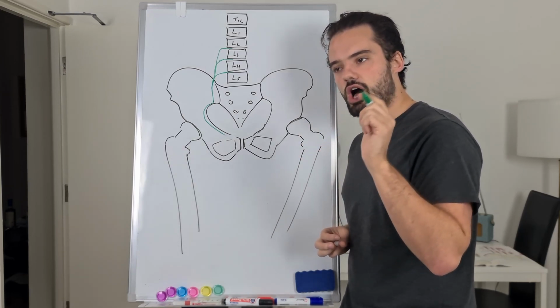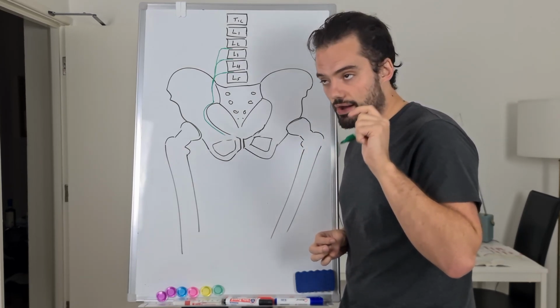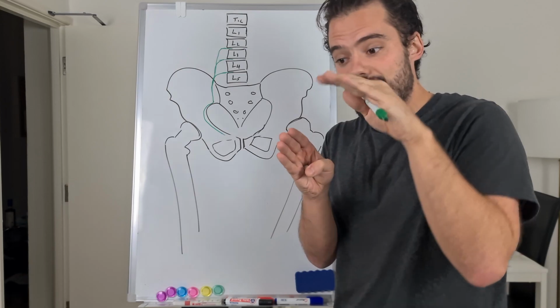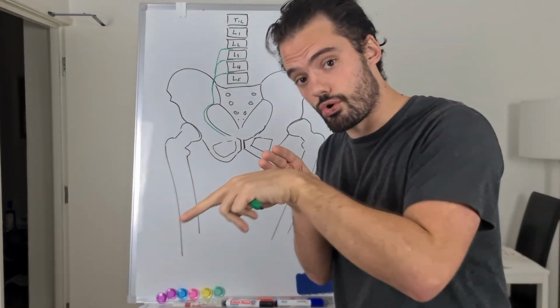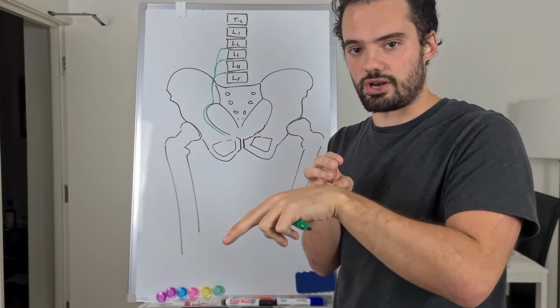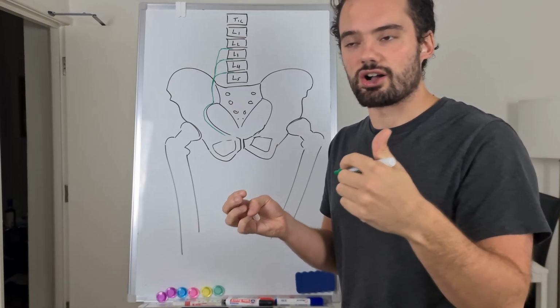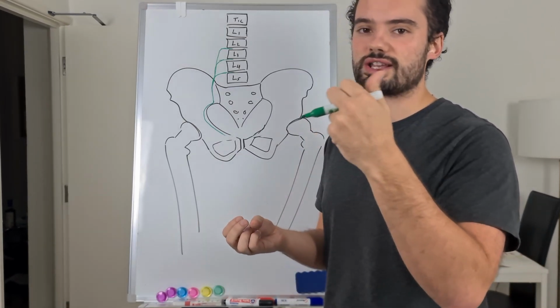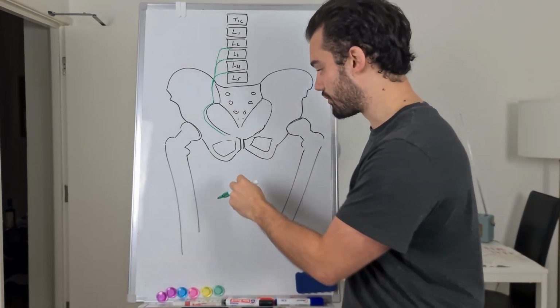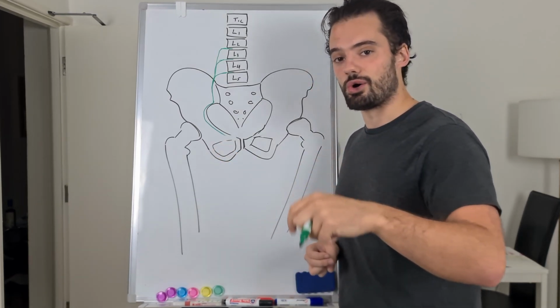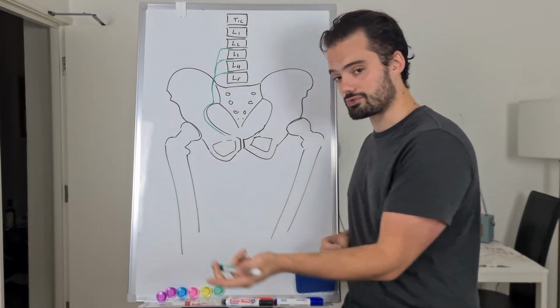Because of that, there are very few structures that are able to get around all of that and pass through the obturator foramen. And all of those structures are called obturator. So your obturator artery travels through the obturator foramen. Your obturator vein travels through the obturator foramen.